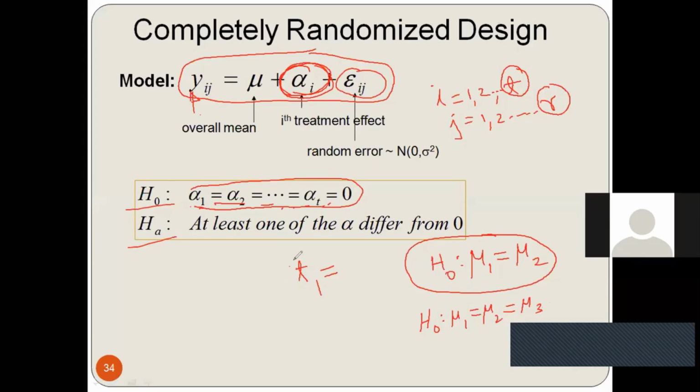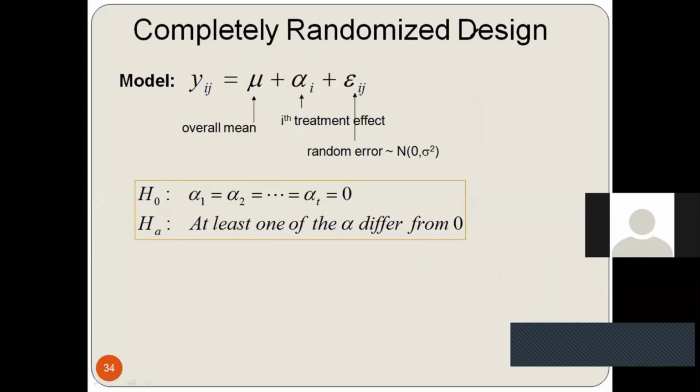So here I will clear all again. Alpha 1, that is the first treatment effect, is similar to mu1, the same as mu2, the same as mu3, and so on. So what do you mean by mu1 equal to mu2 equal to mu3?